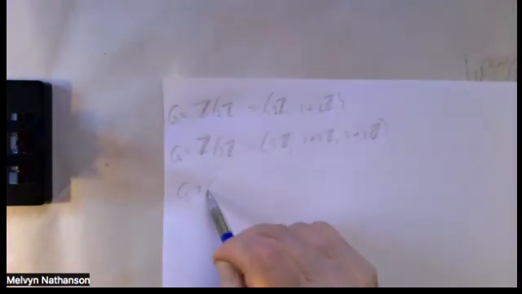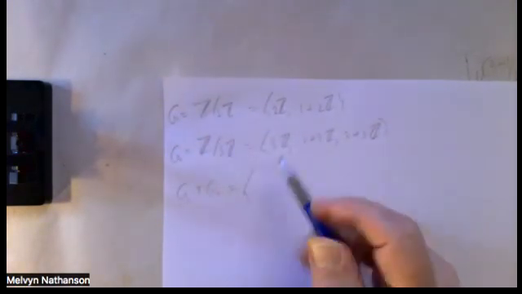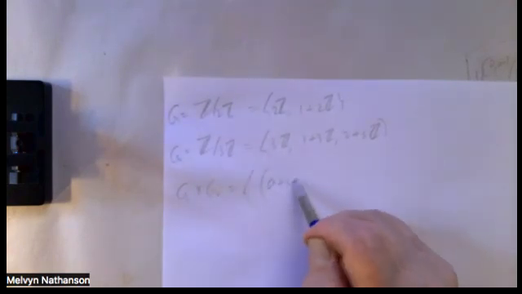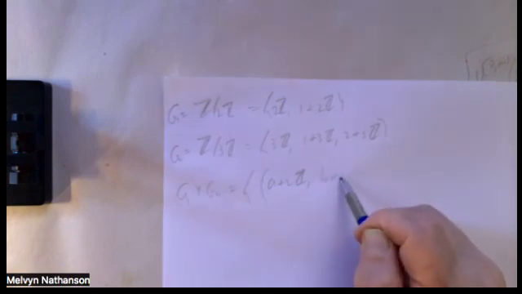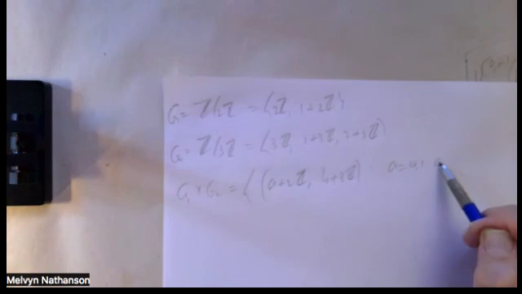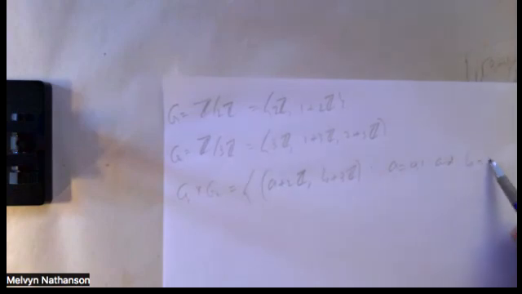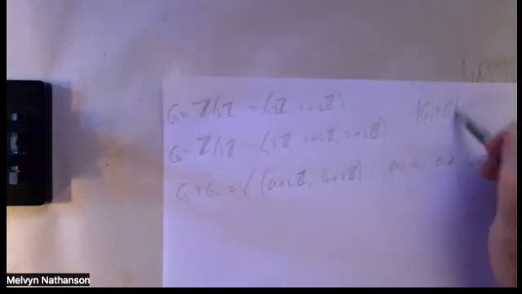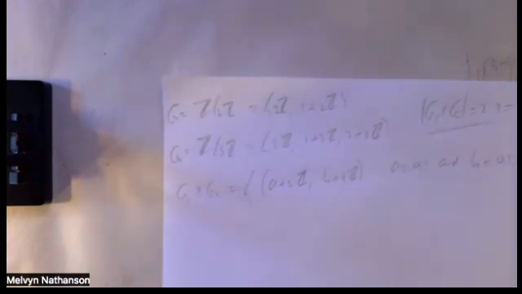What is the direct product? This is a group which consists of ordered pairs of the form A plus 2Z, comma, B plus 3Z, where A is 0 or 1, and B is 0, 1, and 2. So the order of this group, 2 times 3, is 6. This is a group with 6 elements.